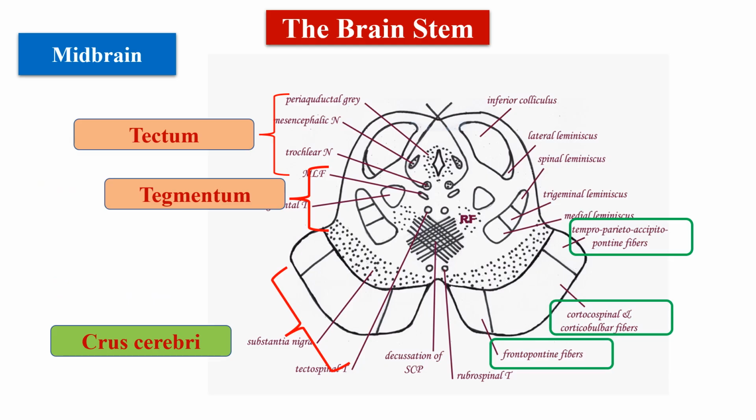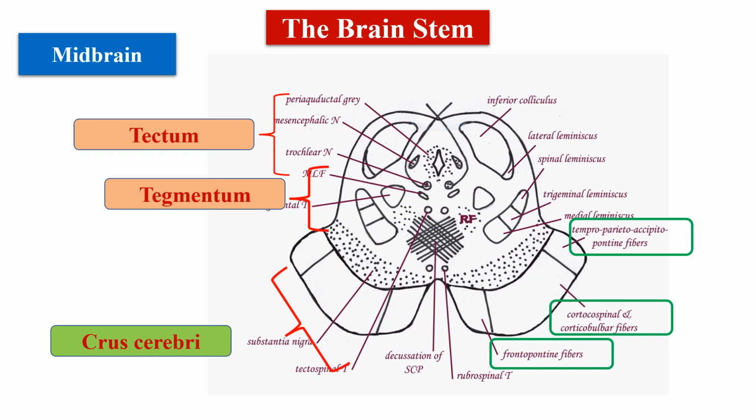Here we can see the structure of the crus cerebri. What are the components of the crus cerebri? The crus cerebri is segmented into three main parts, from medial to lateral. The medial 1/5 contains frontopontine fibers. The lateral 1/5 contains temporo-parieto-occipitopontine fibers.